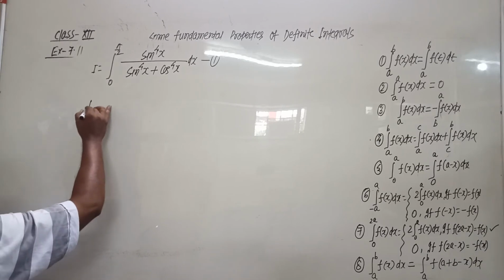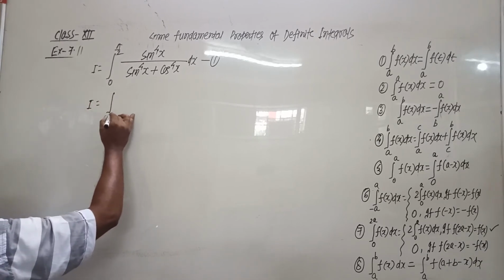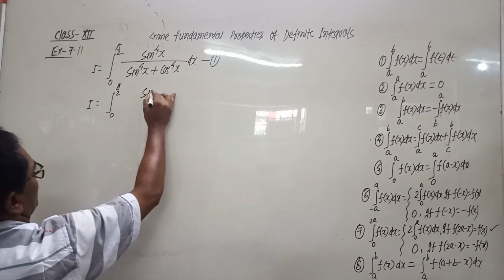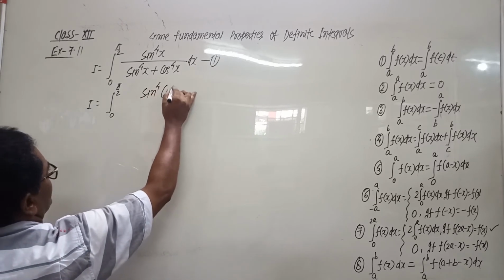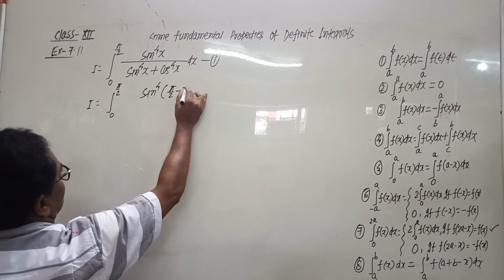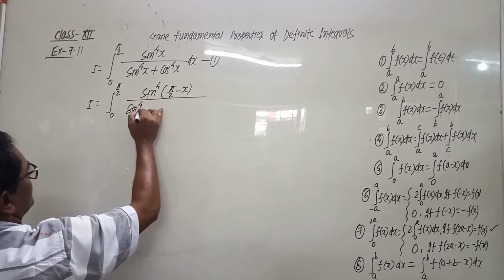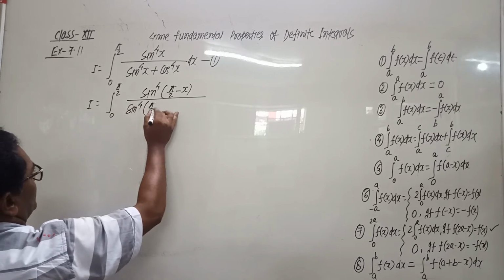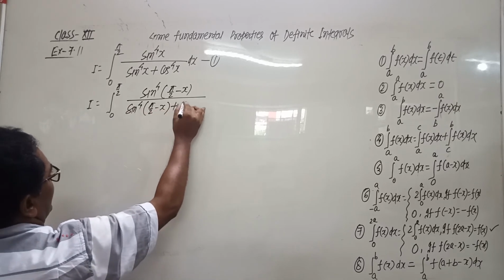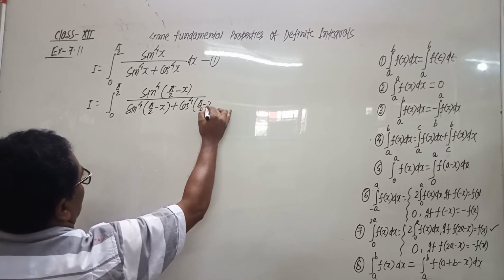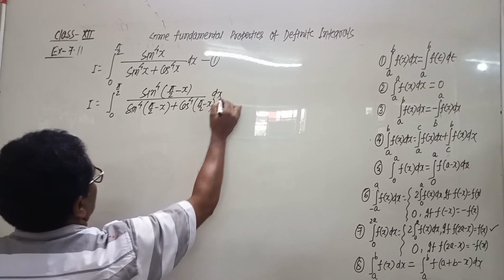So using property 5, we get integral from 0 to pi by 2 of sin^4 at the place of x we write a minus x, meaning pi by 2 minus x, upon sin^4 of pi by 2 minus x plus cos^4 of pi by 2 minus x dx.